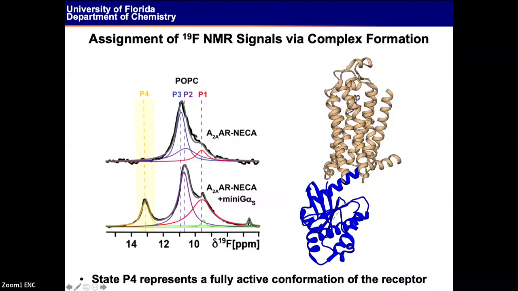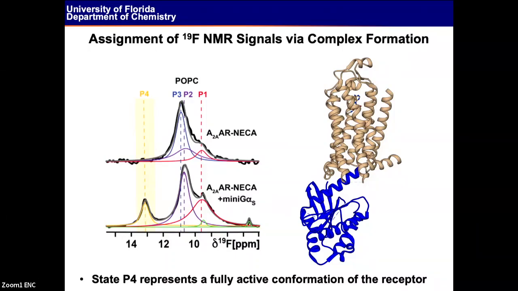What's present in this sample is the receptor in POPC with a saturating amount of an agonist, and then to that we add this G protein, and we essentially force a percentage of the complex to form. This peak intensity though is much lower than what you would see if you do the same experiment with POPS also present.